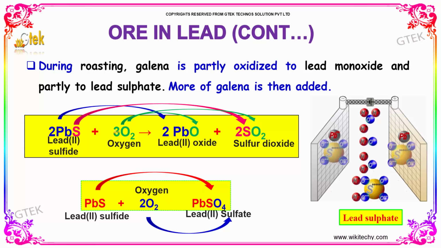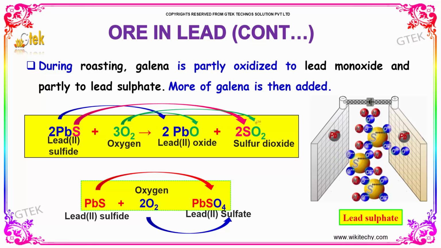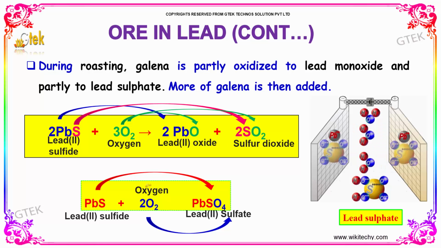More of galena is then added. So lead sulfide with oxygen gives lead oxide and sulfur dioxide. Over here, lead sulfide with oxygen, once again with more oxygen, produces lead sulfate.